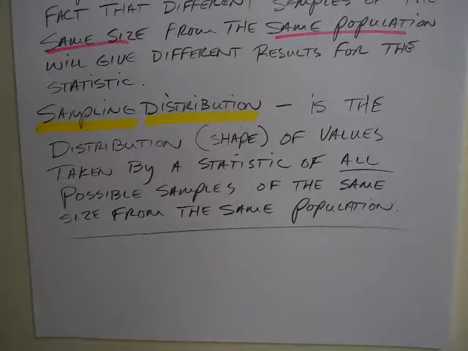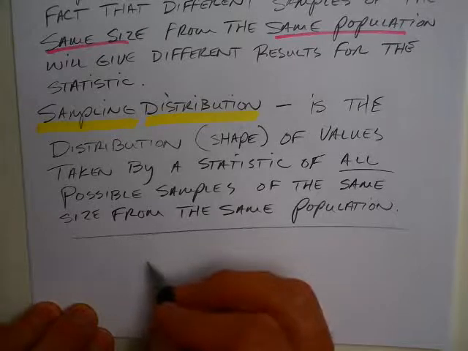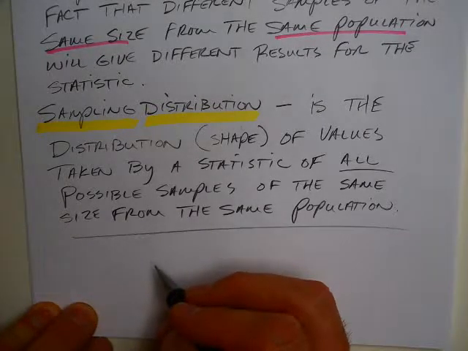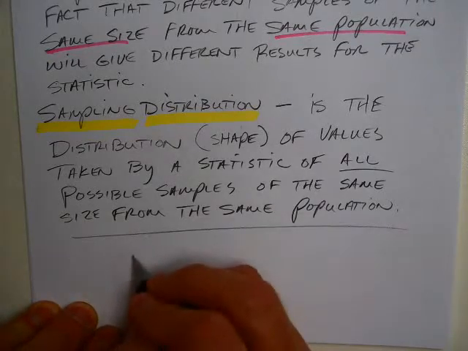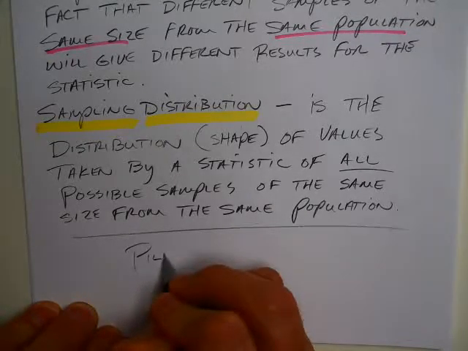It's looking at a lot of data, but it's looking at data of data, sort of, and it leads us to the idea of getting to the parameter. So we did this in the pilot problem.